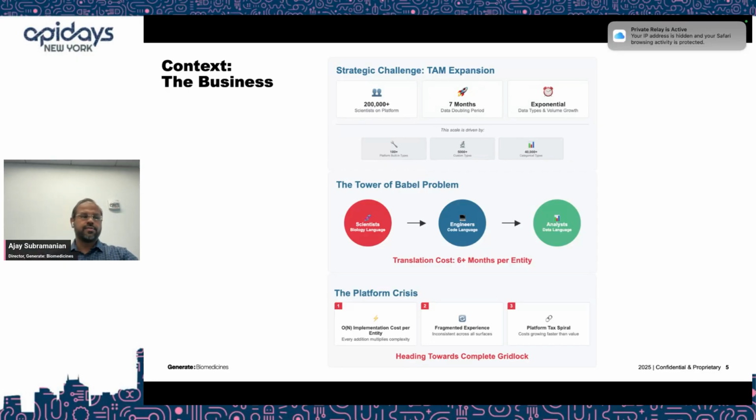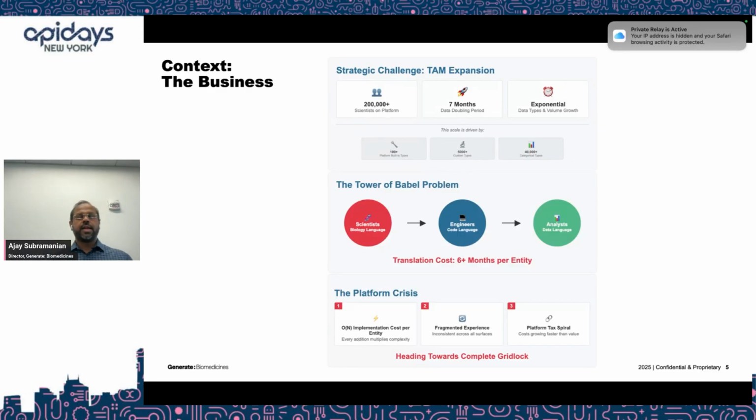Just to give you a sense of scale and diversity, we had over 100 platform native types, over 5,000 customer-defined types, and over 40,000 categorical types to tag and analyze the data. This should give you a sense for how much the customers extend the platform to model their science as well.